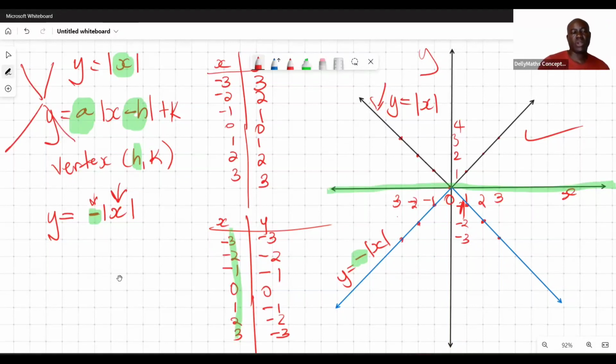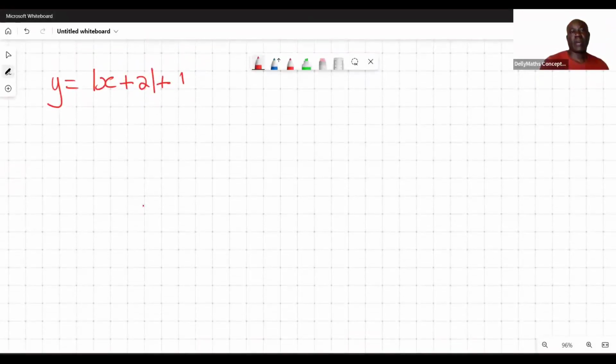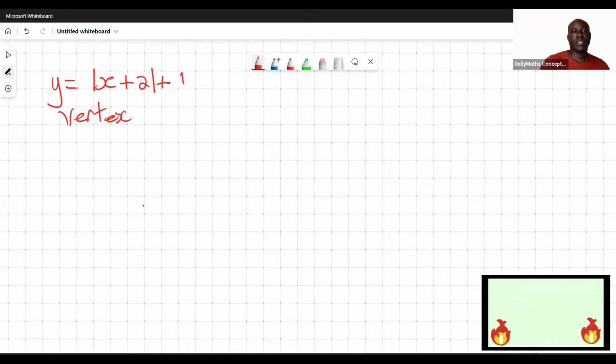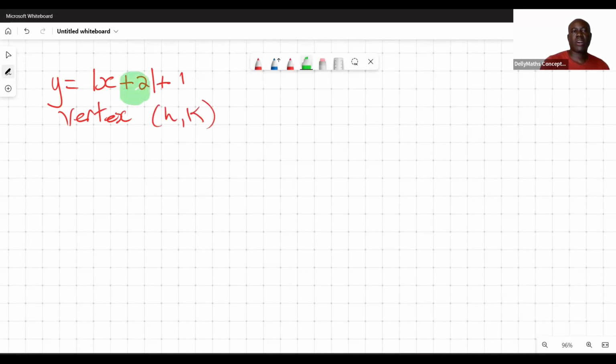So let us look at how we go about getting more ideas. First thing I want to do is find my vertex. My vertex would be (h, k). H will be coming from that. There are two ways to go about that. We could set that to 0 and solve for x, where x is -2.